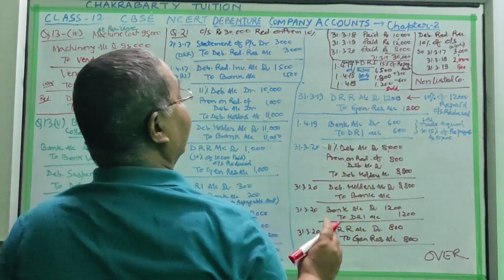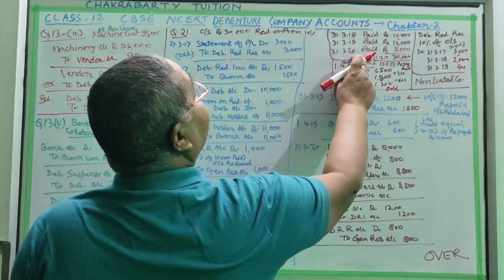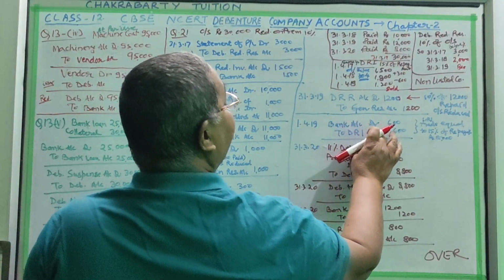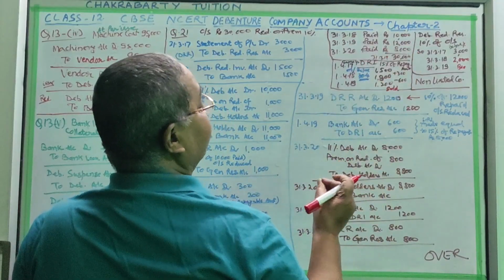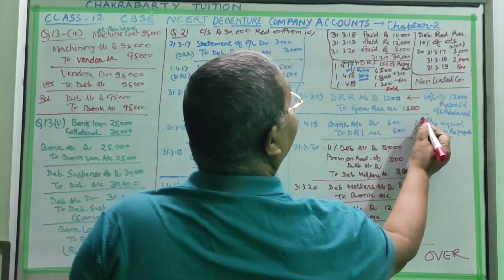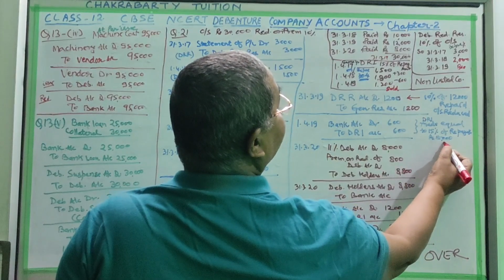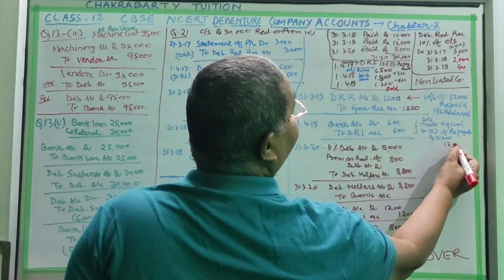Okay, this is over. Now the next year will come, for 19, because you have to pay in 20. Now in 19 how much will you require? For 8,000, DRI made equal to 15% of repayable amount 8,000, which is equal to 1,200.